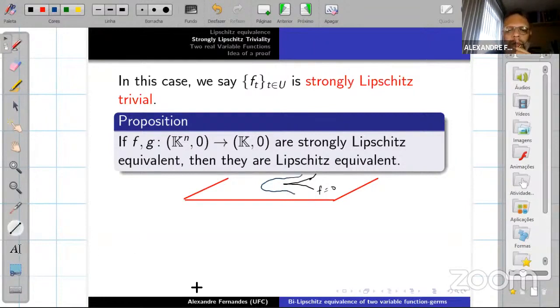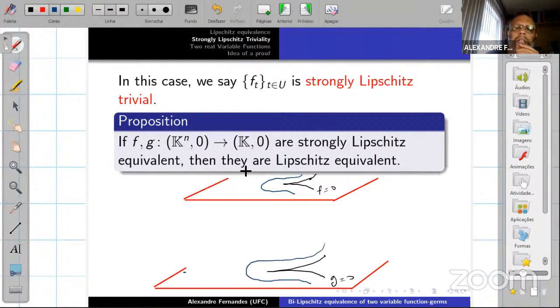In the bottom, we have a description of the function g. This is the special fiber of g. Then you have the generic fibers of g. Okay, and you ask for a family. We embed f and g in a family.